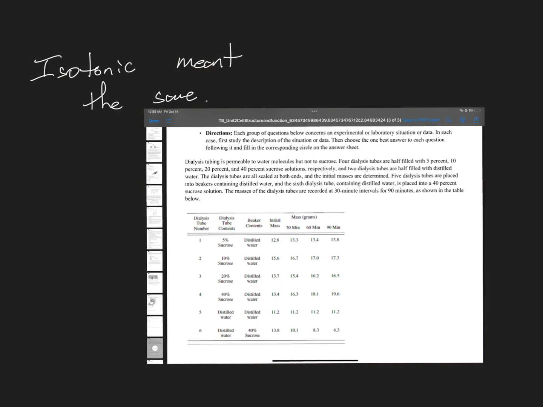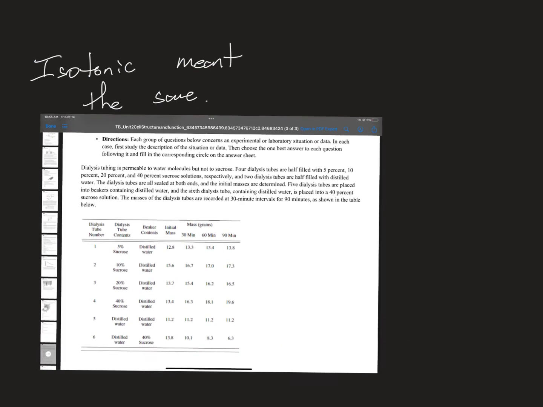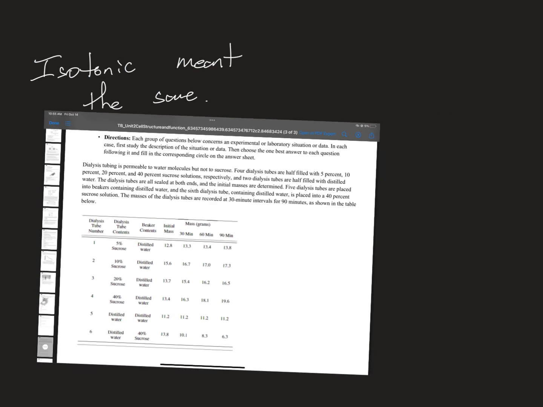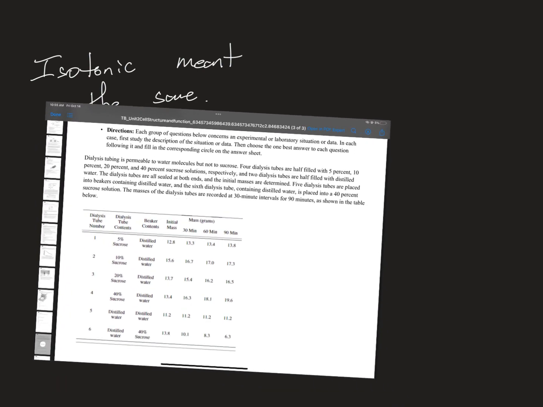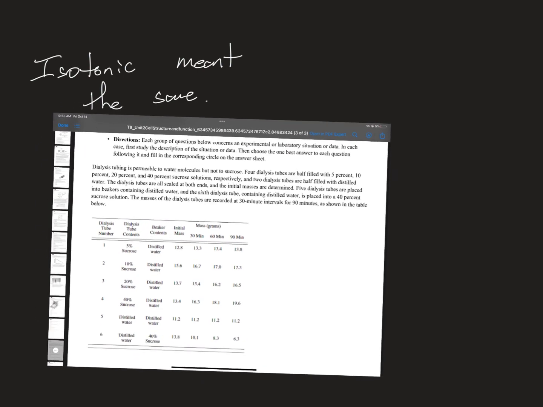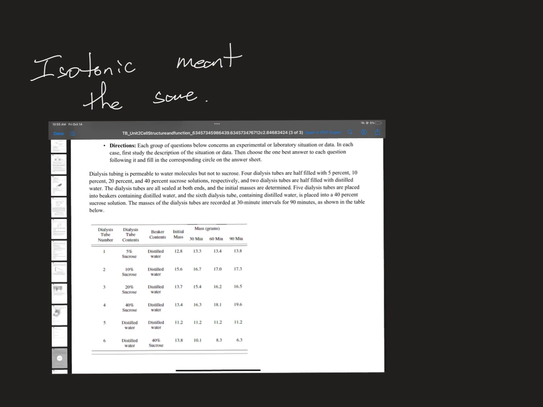So if we take a look at what the word isotonic means, that they're the same, you were given this table, and there's a dialysis table, they gave you a tube, they gave you a diagram, but they asked you in which of these was the dialysis tube isotonic with the beaker. Well, you knew isotonic meant the same, so now all you had to do is read the table.